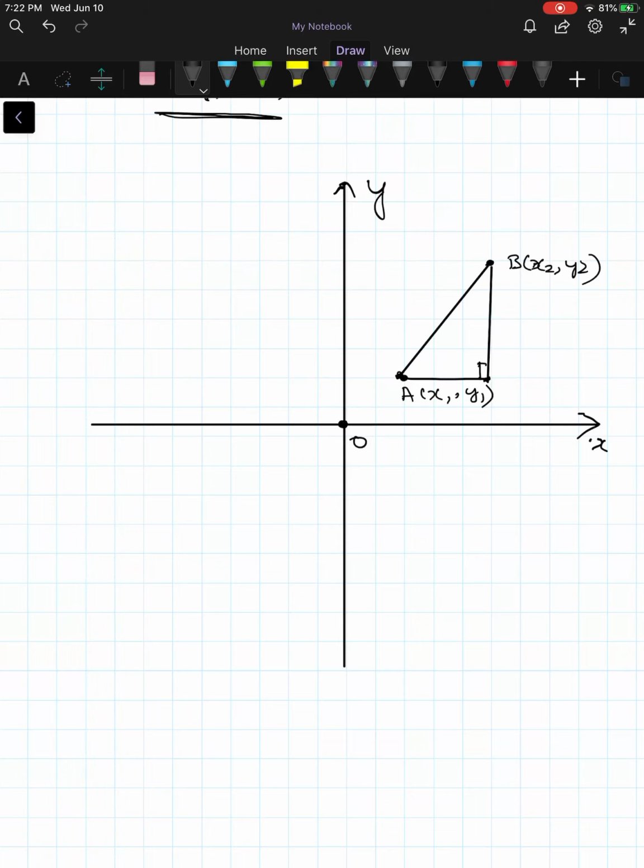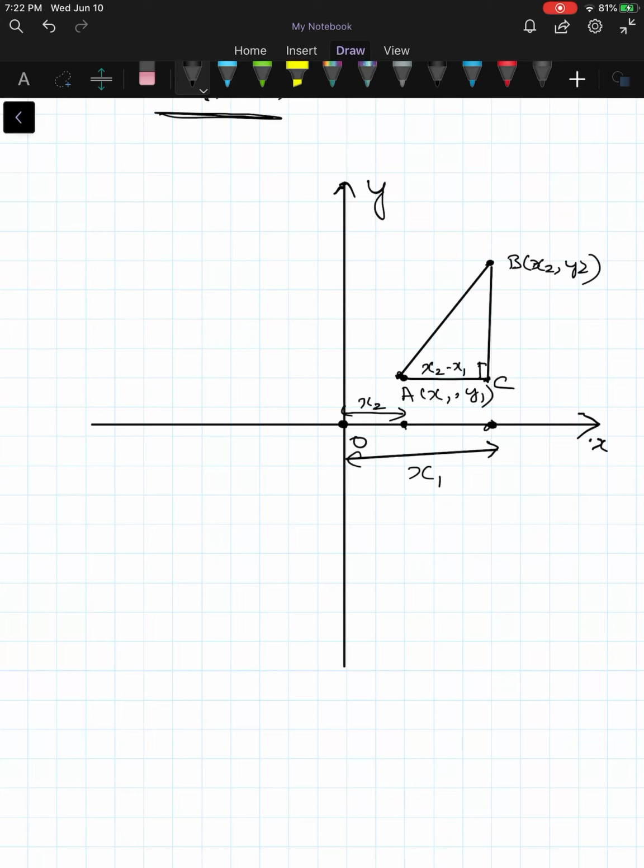We can see that the distance between the origin and this point is nothing but x1. Correct? And the distance between origin and this point is x2. So if I name this vertex C, so now AC will be x2 minus x1.